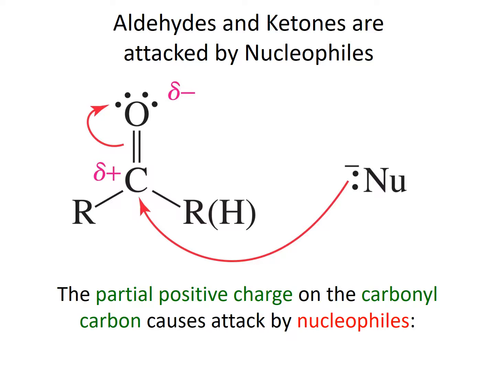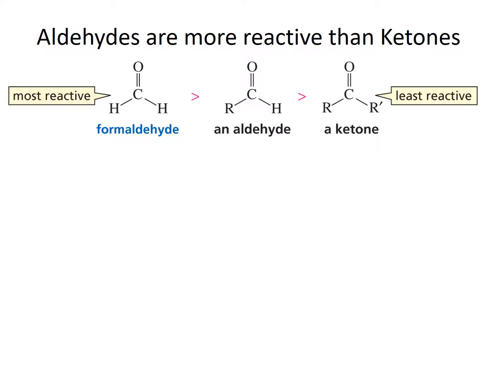So it's the partial positive charge on the carbon that is the incentive for this attack. Before we get into reactions, let's think about reactivity. Aldehydes are going to be more reactive than ketones, and this happens because of 2 main arguments. When we think about carbocation stability, we know that the more substituted a carbon is, the more stable it's going to be.